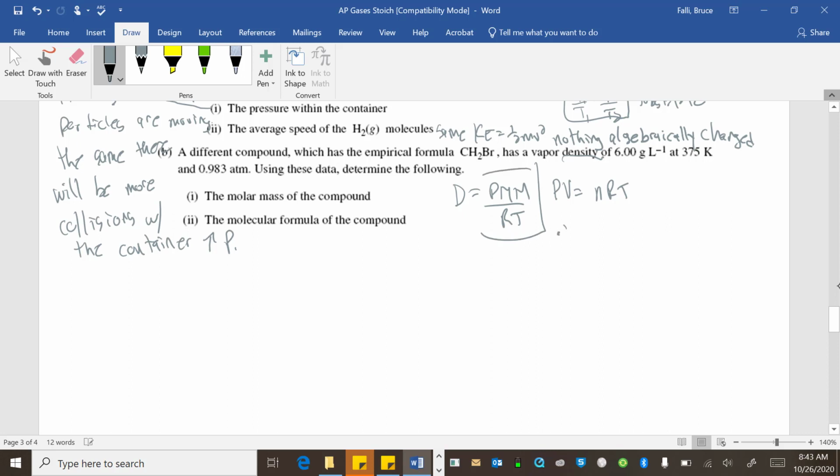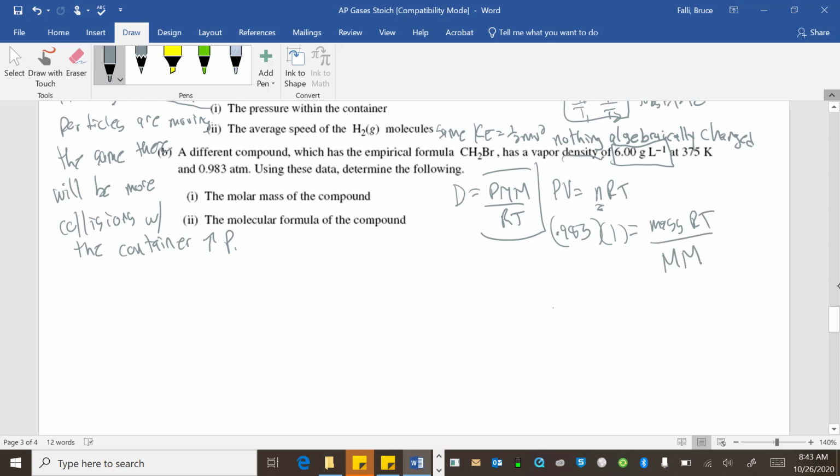Yes, the pressure is 0.983. The volume it doesn't quite tell us, but see how this is the number of grams in 1 liter, right? So that means my volume is 1. And instead of moles, I'm going to change that out right now to be mass RT over molar mass.